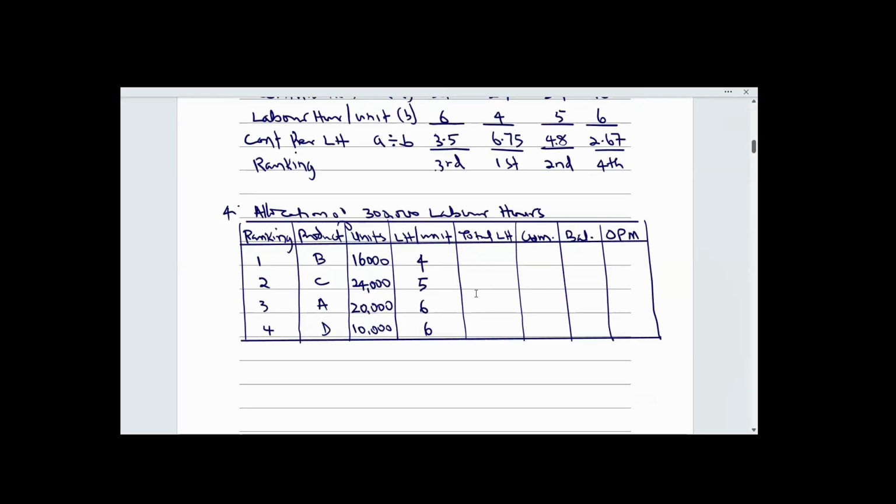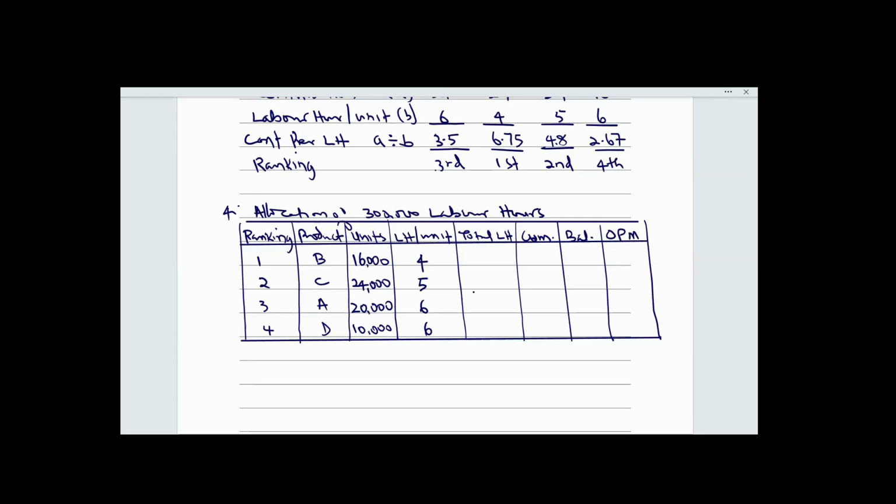Now, pay attention. We want to allocate 300,000 labor hours. At all times when you are doing your allocation, you have to bear in mind that you cannot give what you don't have. The maximum you have available is 300,000 labor hours, and that's what you want to allocate. When carrying out your allocation, you do this on the basis of the ranking. You are allocating the limited scarce resources based on the ranking that you have done.